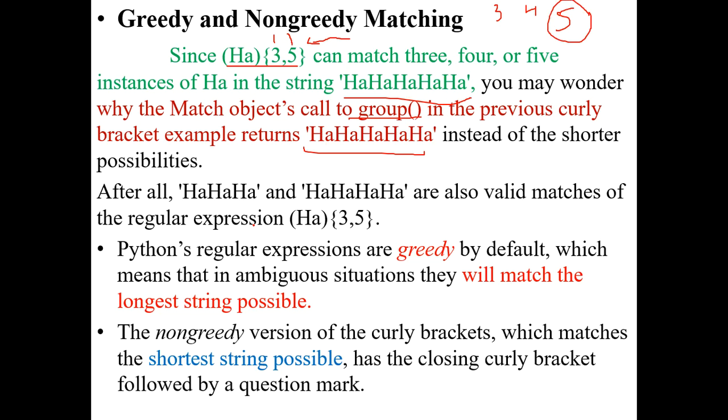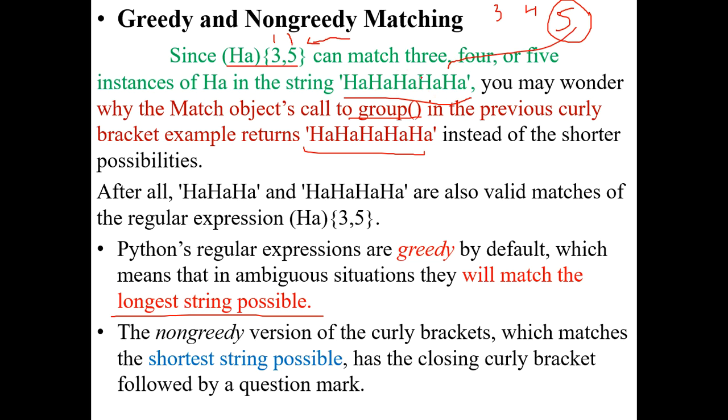The answer is that Python regular expressions are greedy by default. When there is an ambiguity, meaning the result of this statement could match either 3 times or 4 times or 5 times, in such ambiguity Python by default goes for the greedy method. The greedy method is going to match the longest string possible. From the given string, the longest string possible was 5.